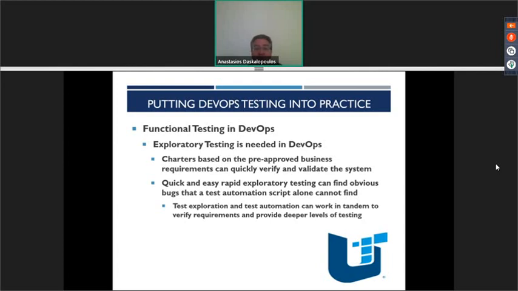Our job is to find bugs and problems and to give information about those problems wherever they may exist. And as such, exploratory testing is needed in DevOps. As we talked about briefly a few presentations ago, it's exploratory testing based on charters, which is a kind of loose plan on where you test. Exploratory testing isn't just clicking and clicking.